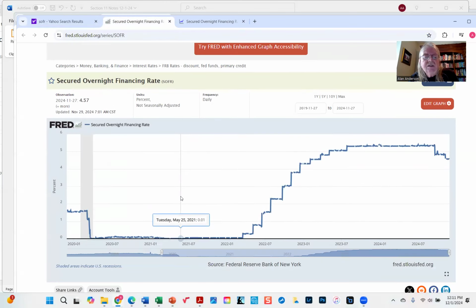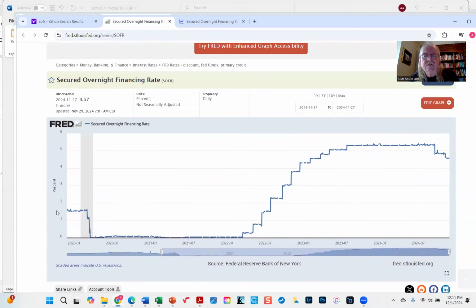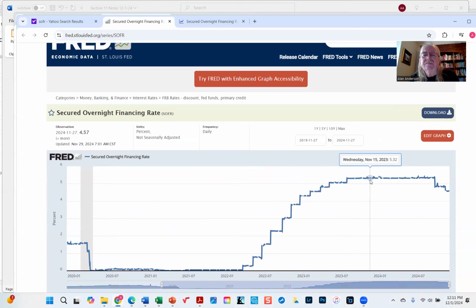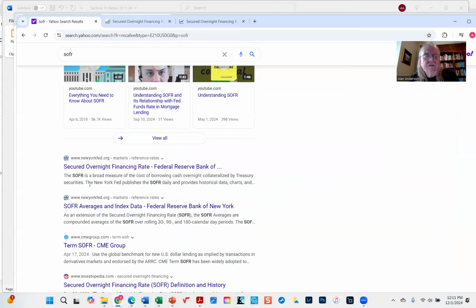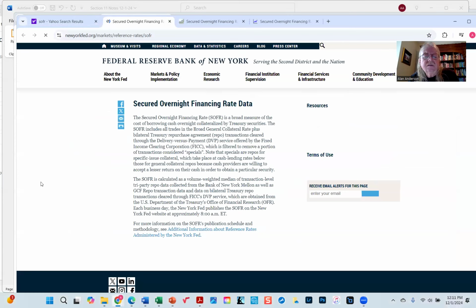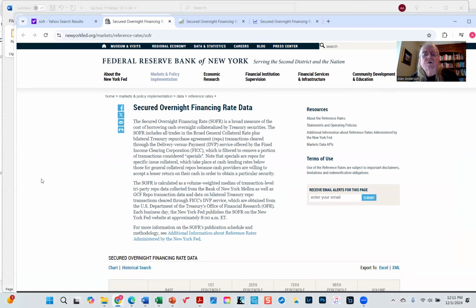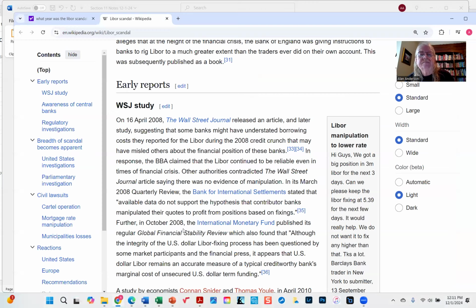They've only had it since 2019, 2020, when the scandal erupted and they needed to find something else. Let me see if I can find the exact definition. It's a broad measure of the cost of borrowing cash overnight collateralized by treasuries. Okay, so in other words, this is what that means.